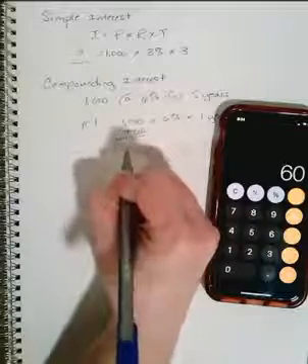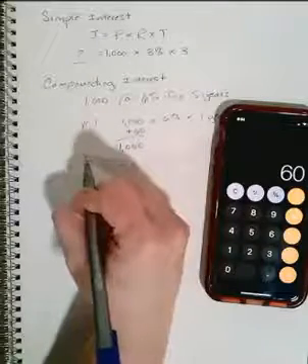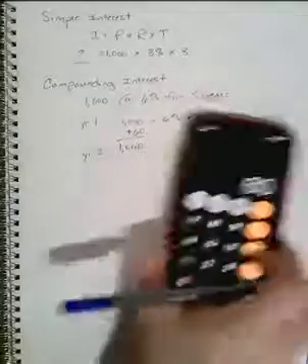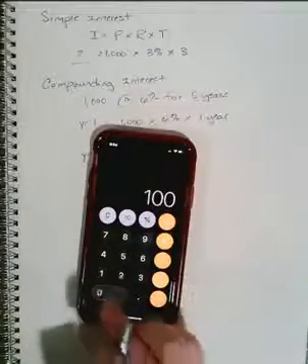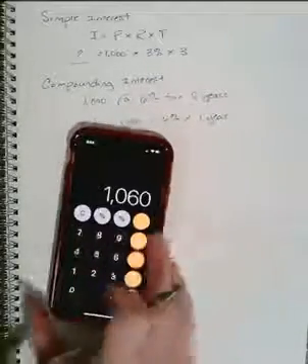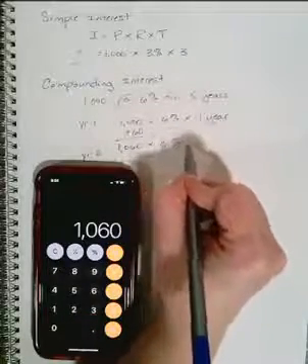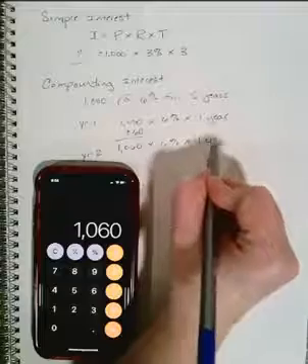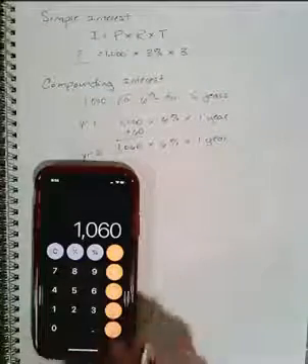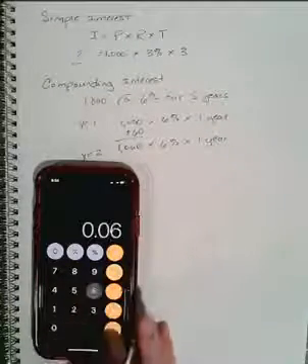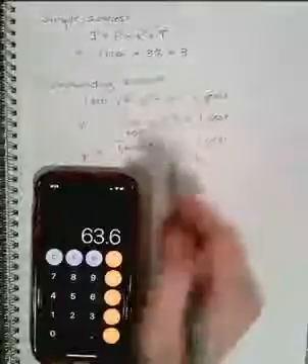So then in year two we have 1,060, so 1,060 times 6% times 1 year gets us $63.60 in interest.